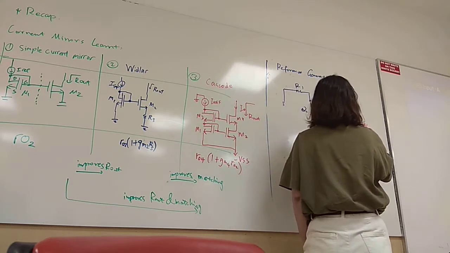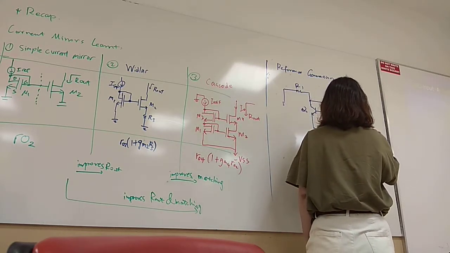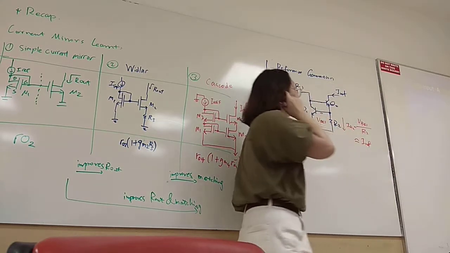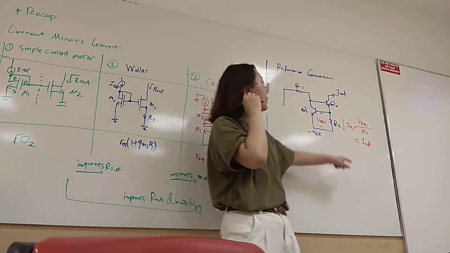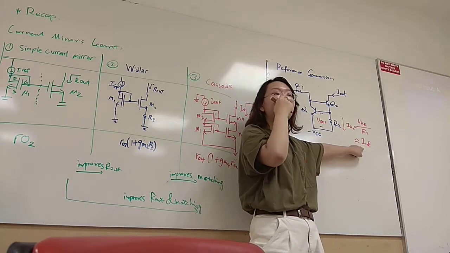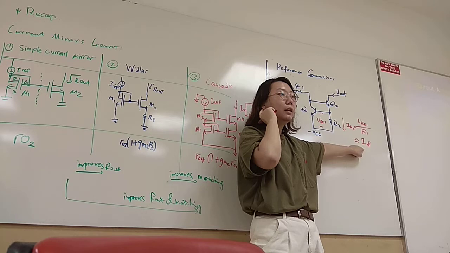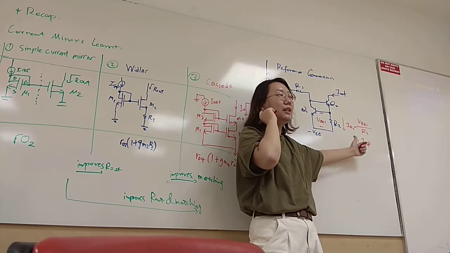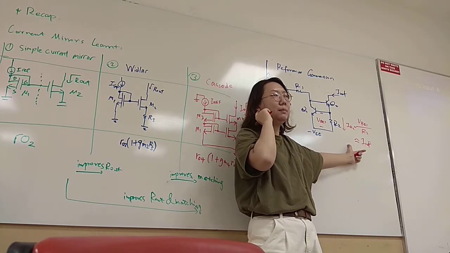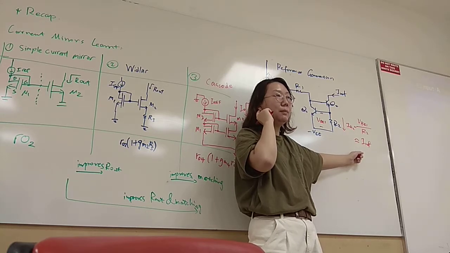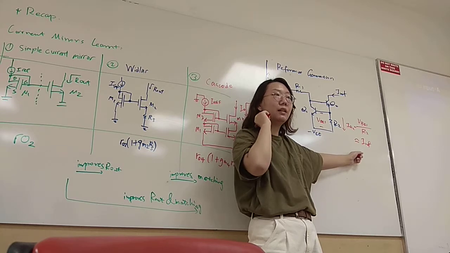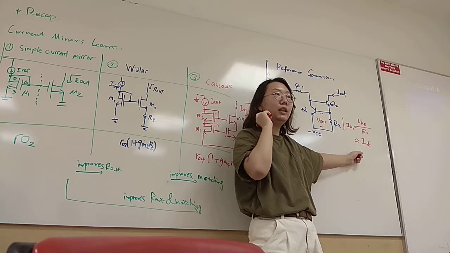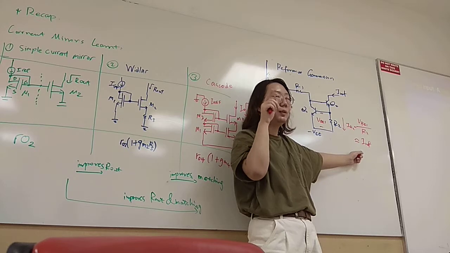So IR2 is about your IREF. That's the expression for the current you are generating. So that's why this kind of structure is called a VBE-based current generator, because the IREF expression is basically VBE divided by a resistor.